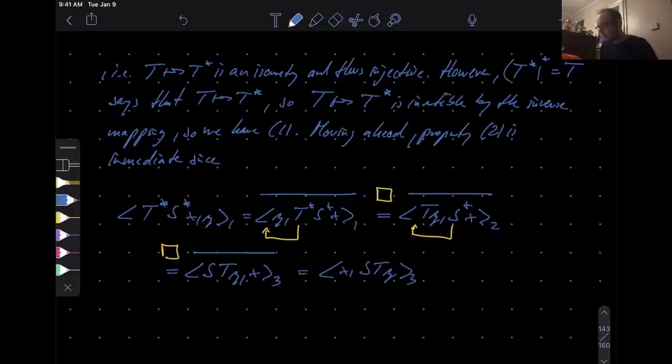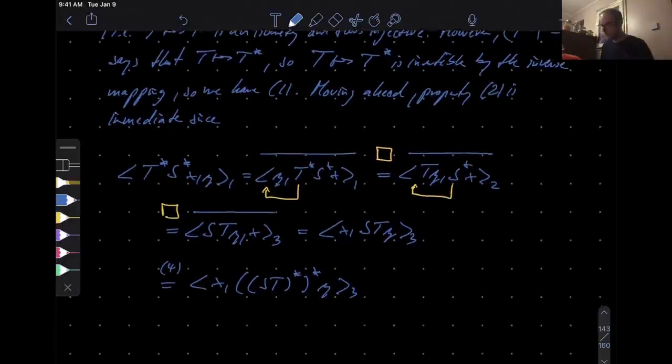Third space. And now you use the fourth property that we already proved. So the fourth property gives x, lots of brackets, lots of stars, S, T, star, star, right? Because the adjoint of the adjoint of the adjoint of the adjoint transformation is the original transformation. So then you have this, okay?